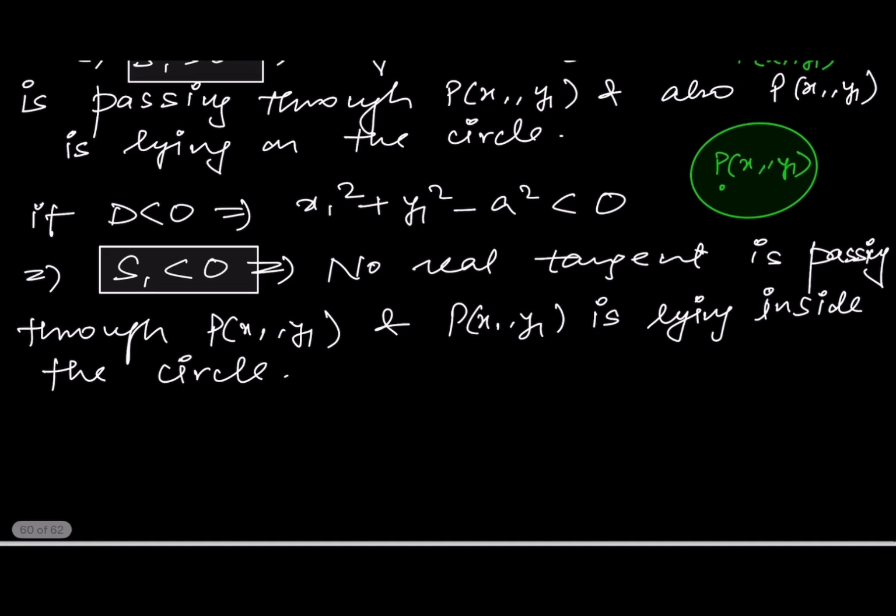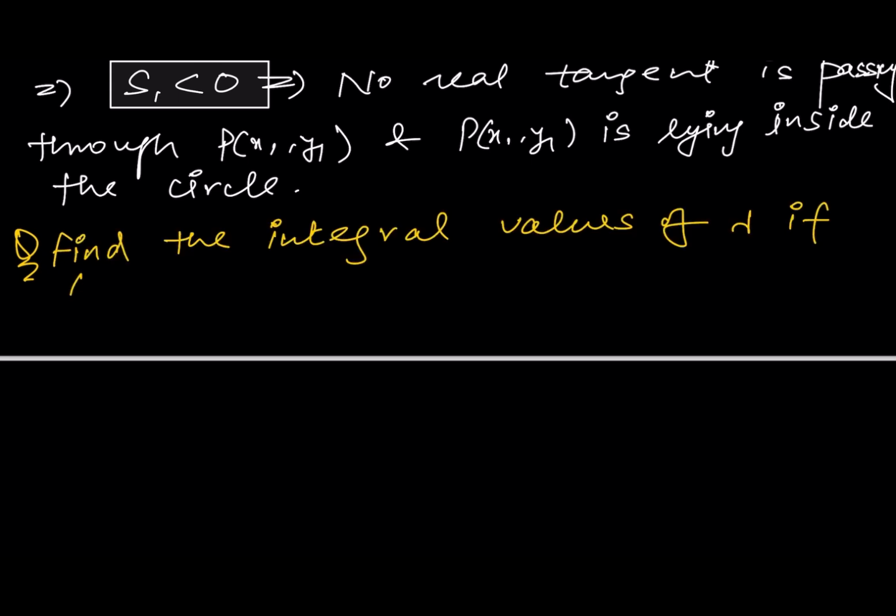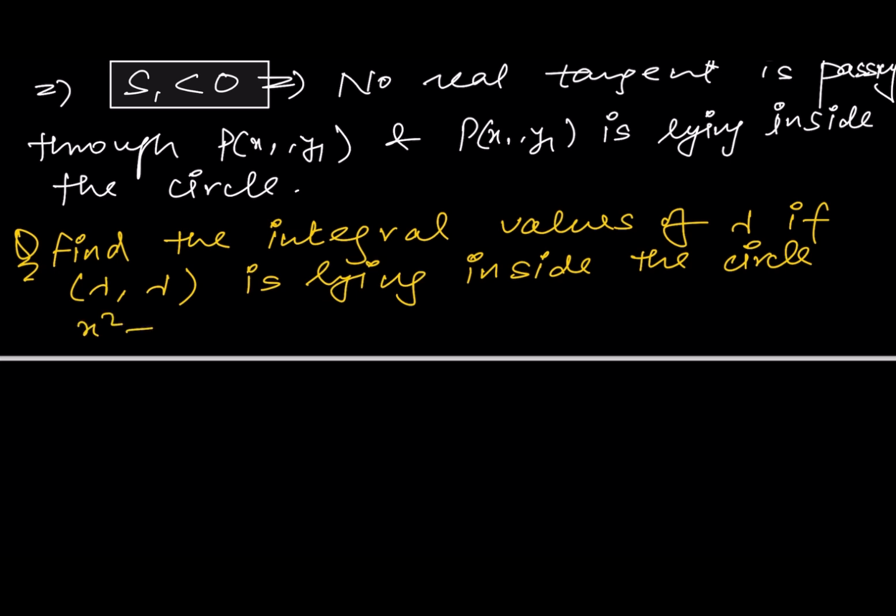Okay, now let us take a question. Find the integral values of lambda if (lambda, lambda) is lying inside the circle x square + y square = 50.